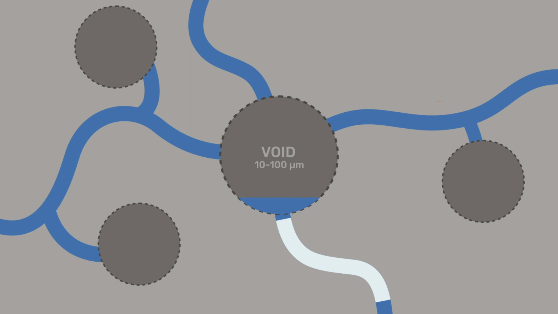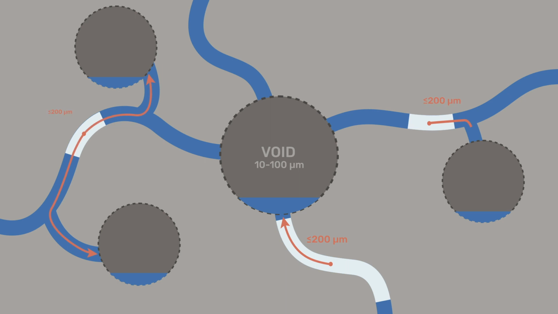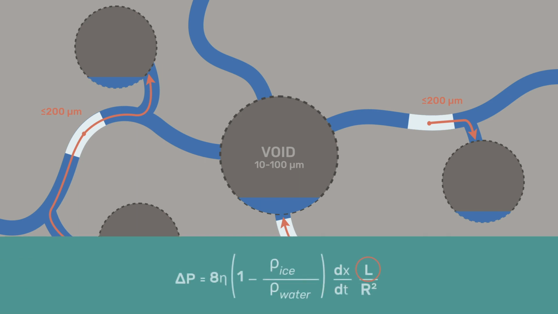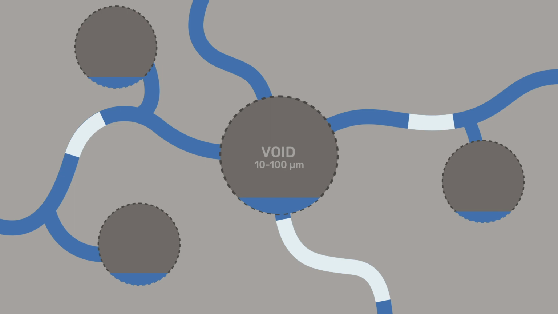For frost protection, there should be a void within 200 microns of any ice crystal nucleating point to prevent destructive pore pressure. In essence, this distance is the length L in our equation, and keeping that length within a range of 200 microns prevents hydraulic pressure from producing tensile stresses in excess of the concrete's tensile strength.